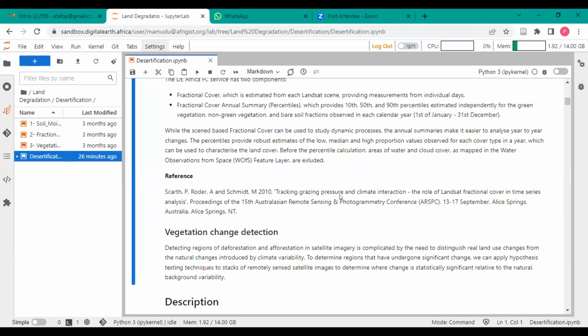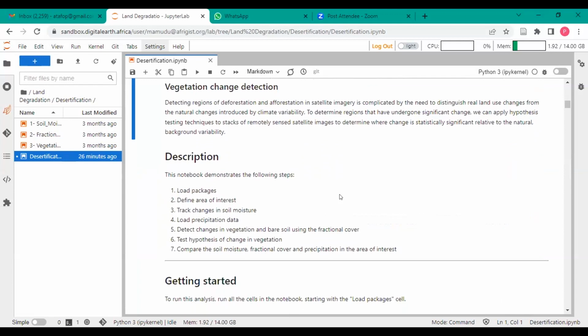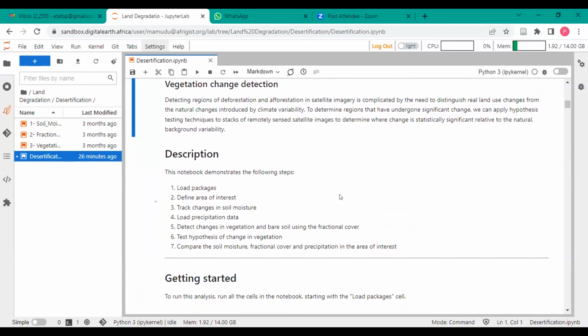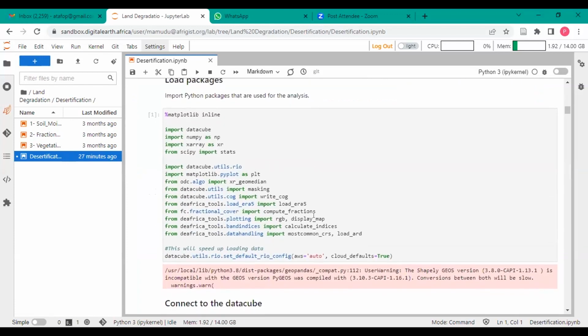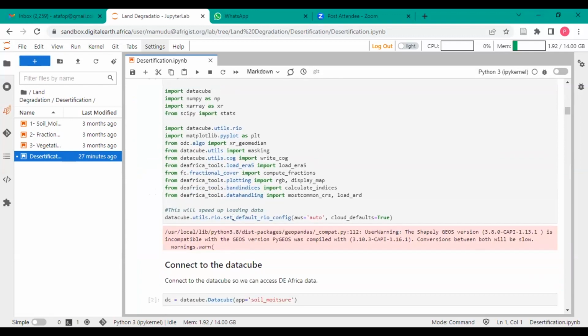And then we would also look at change detection to see how much change would have occurred in our study area over the period of this analysis. Based on that, we'll be able to see whether there seems to be any indication of desertification in the area.